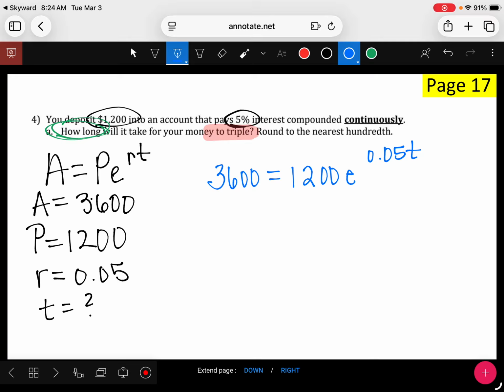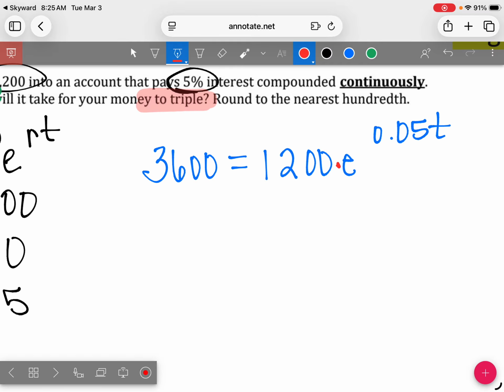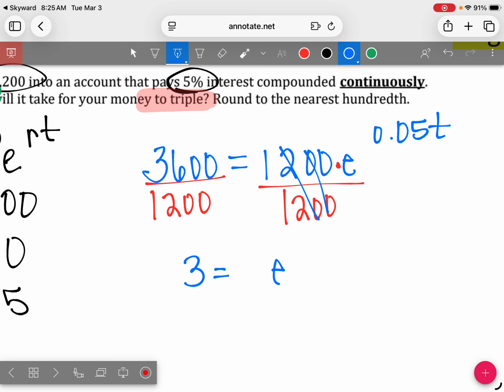So step number 1, got to get rid of the 1,200. To do that, because 1,200 is being multiplied by E, you're going to divide it. So then that'll be 3 equals E to the power of 0.05t.